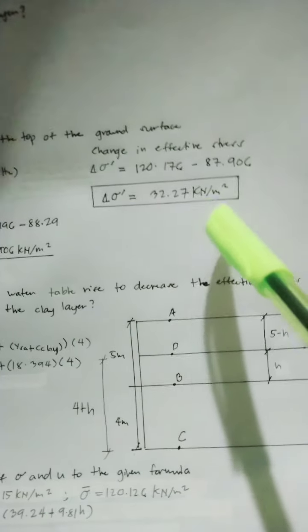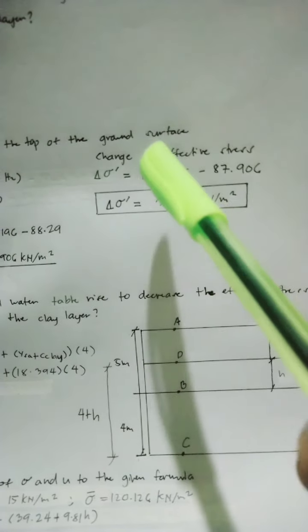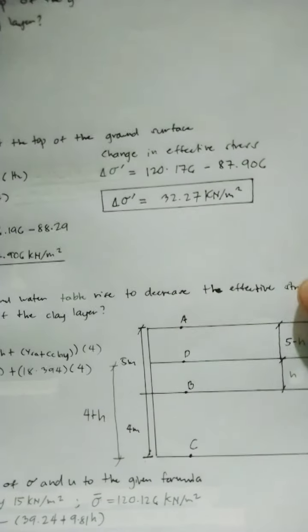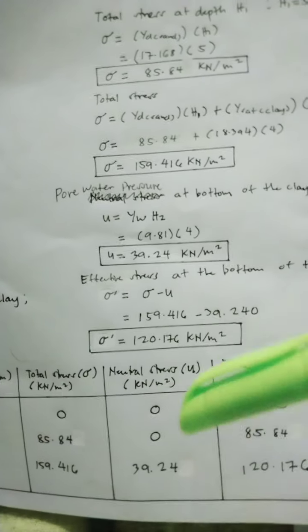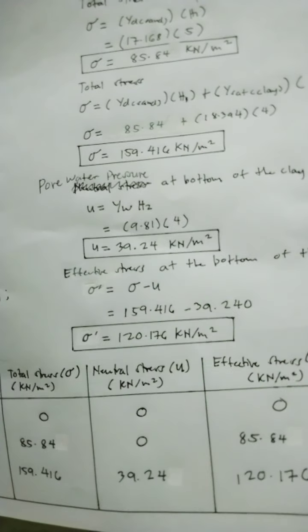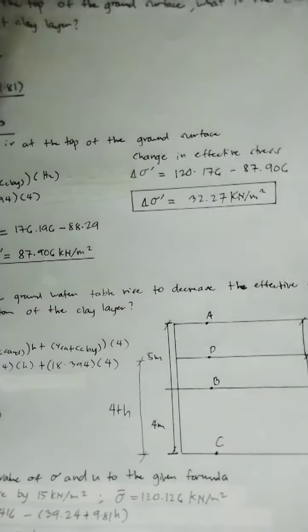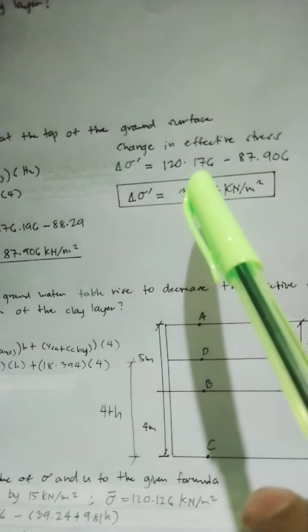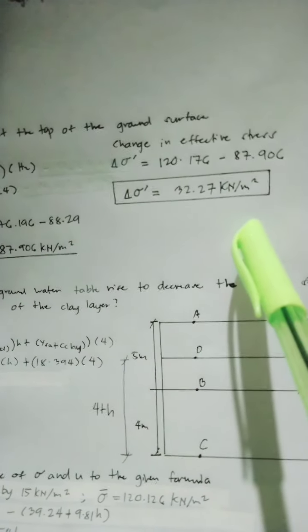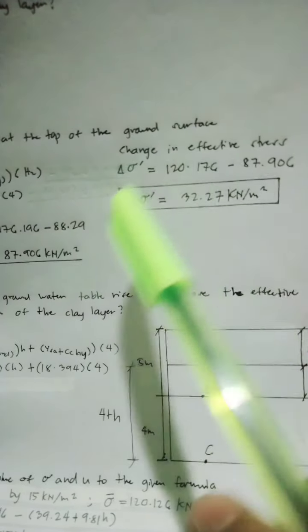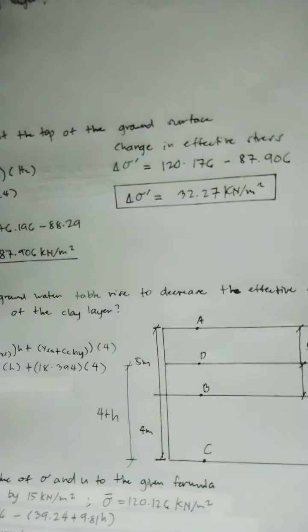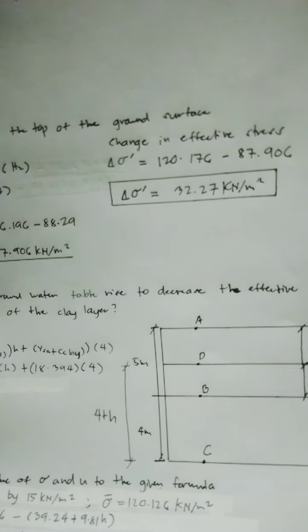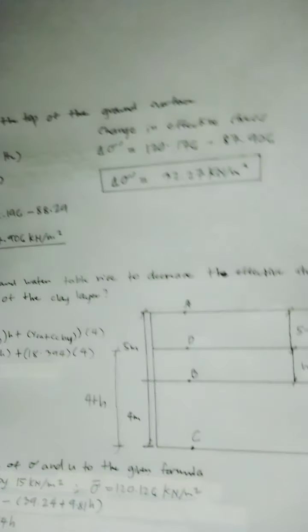Our old effective stress is 120.176 kilonewton per meter squared, which we already obtained. So we simply subtract the new from the old, and we find that the change in effective stress is equal to 37.27 kilonewton per meter squared.